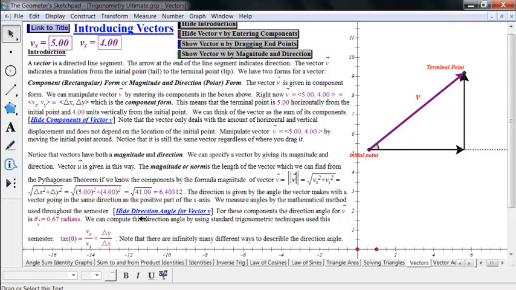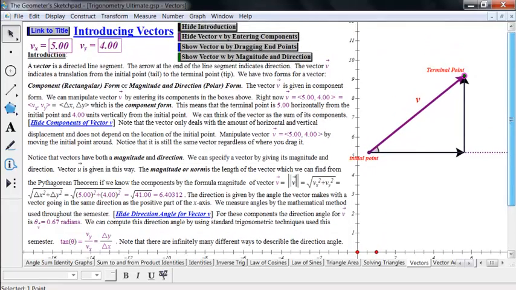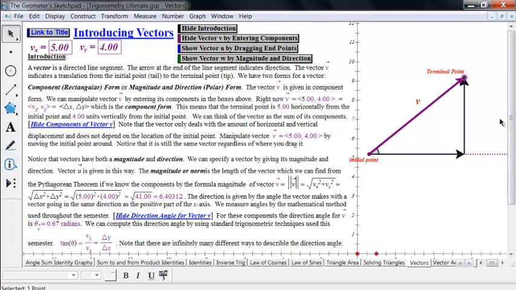Also, in terms of direction and magnitude, it's saying that we're going out a distance of square root of 41 here, as we're moving from the tail to the tip, or initial point to terminal point. And the angle that it makes with the horizontal here is going to be the angle theta, which right now is about 0.67 radians. Okay, so that's the basic idea there.